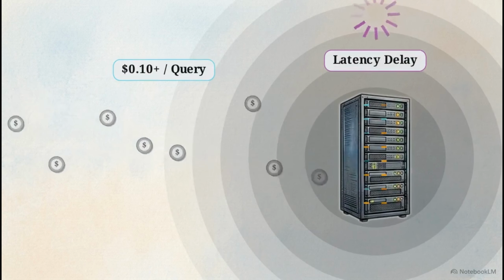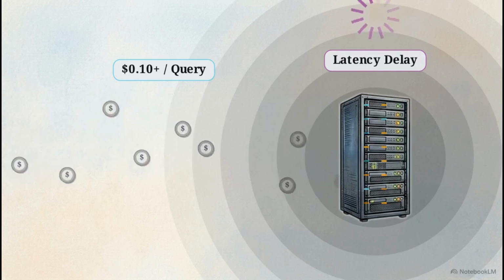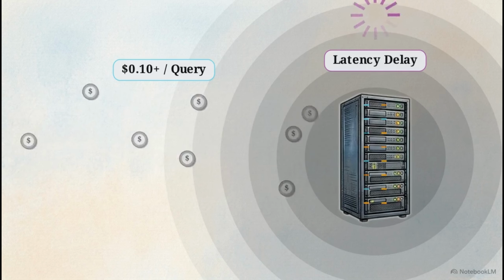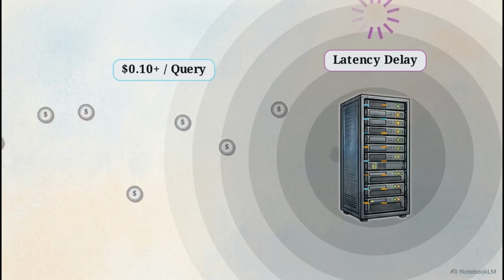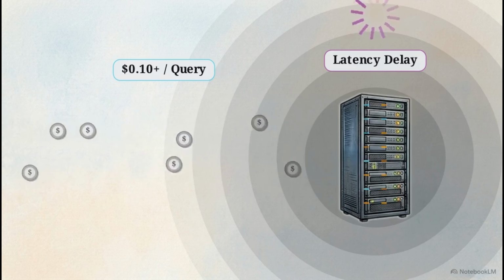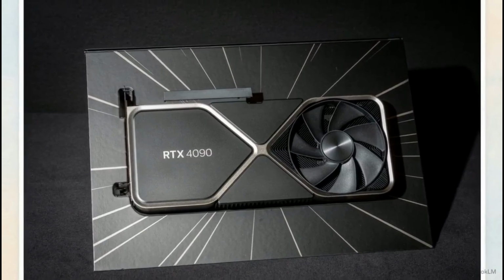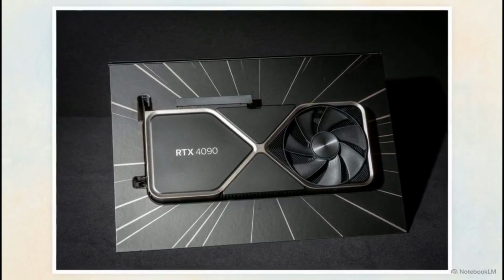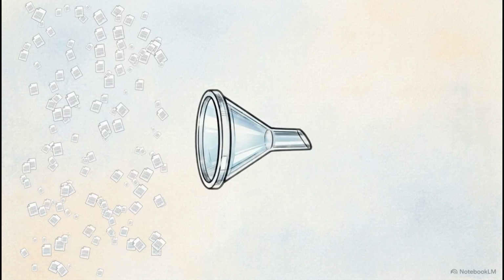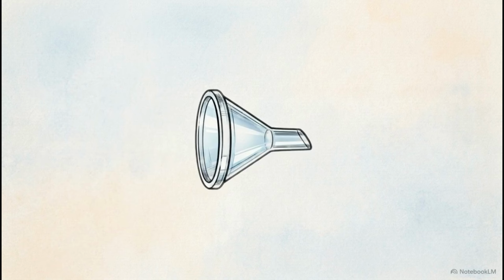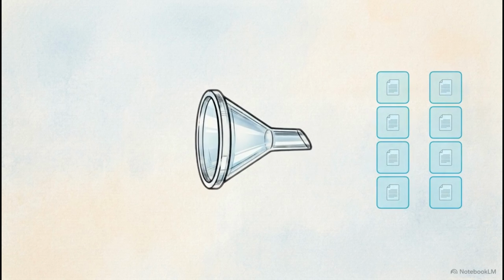Relying on those data centers imposes strict economic penalties. Query costs can exceed 10 cents per request, paired with significant latency delays for every round trip to the server. Contrast those constraints with the economics of local inference hardware. RAG compresses gigabytes of unstructured data into roughly 800 highly relevant tokens, functioning as an extreme context filter.